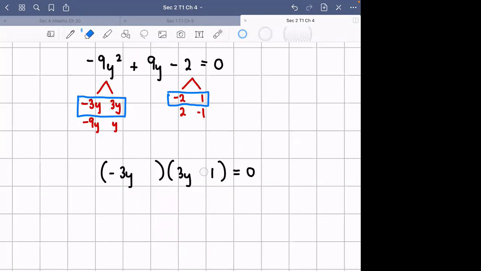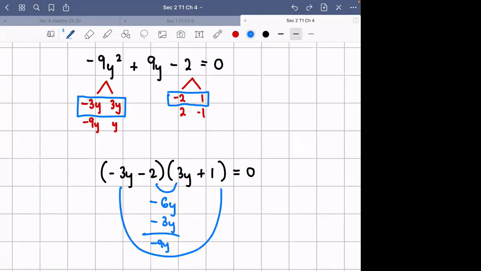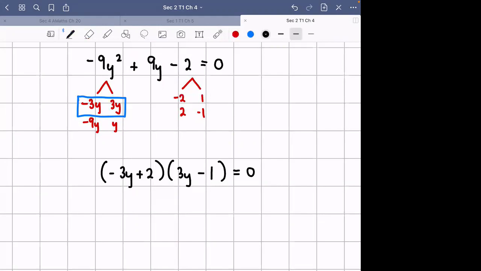So let's make this positive 2, and then negative 1 here. So this is not the right pair. This is the right pair. Let's try it again.